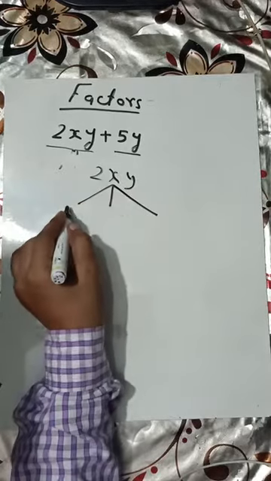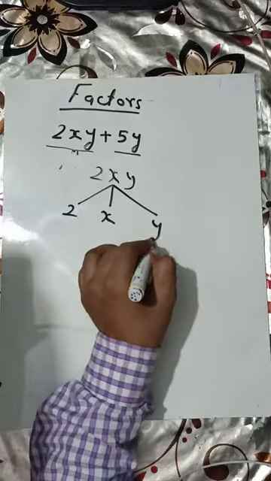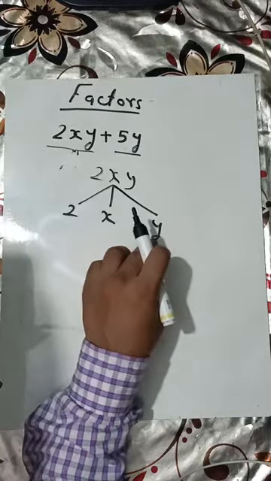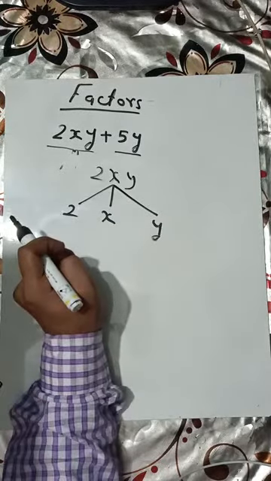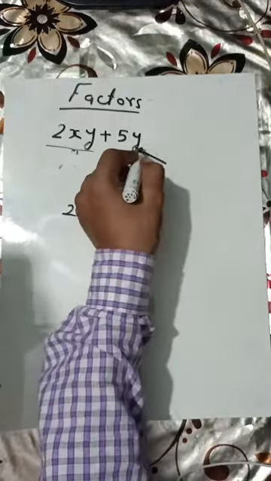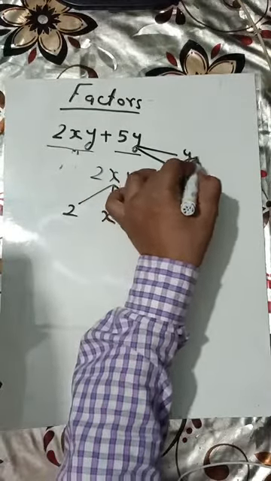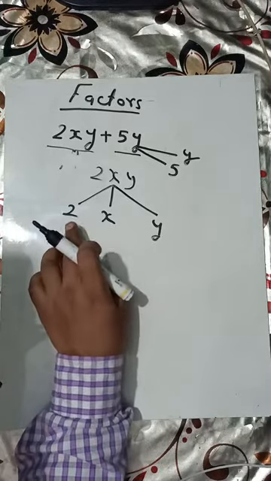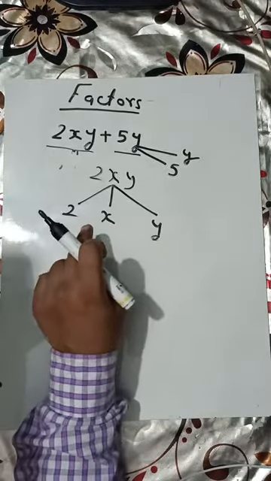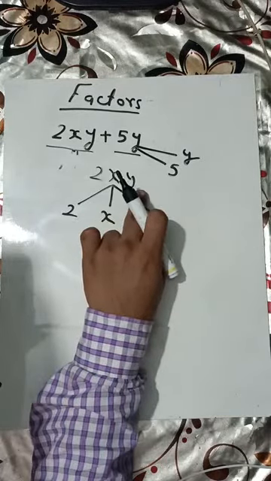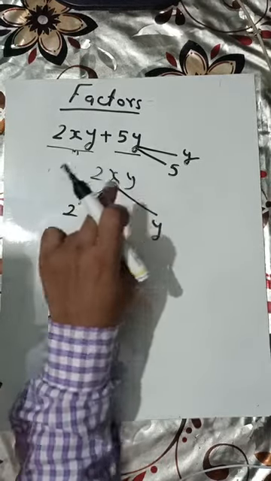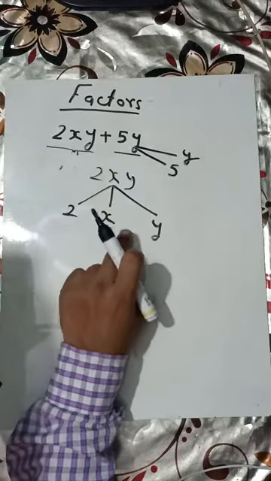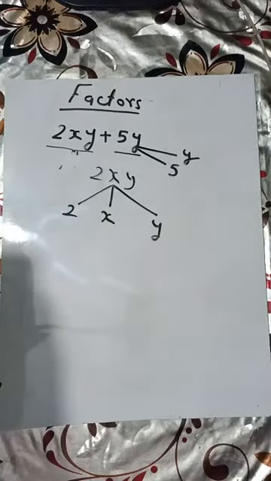It is made up of 2, x and y. So each of these is called a factor of this. The factors are basically the terms which, on multiplying, give us the required term. We multiplied 2, x and y, and we got 2xy. So these are called the factors of 2xy.